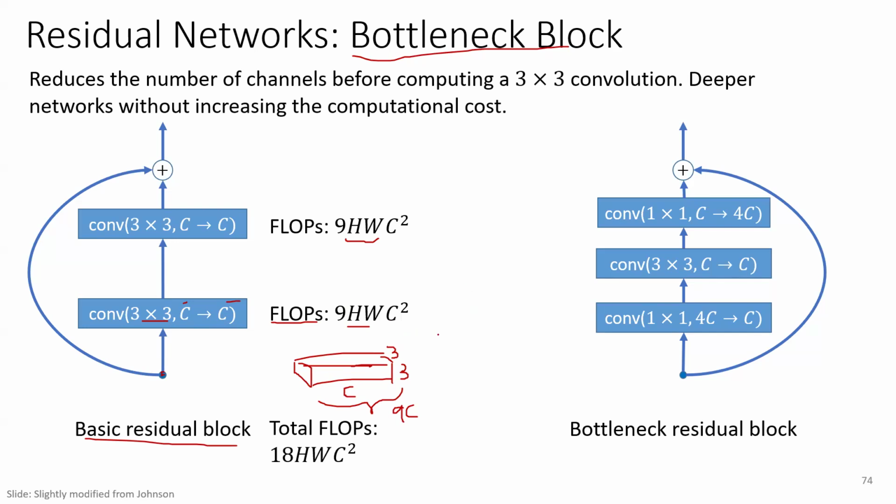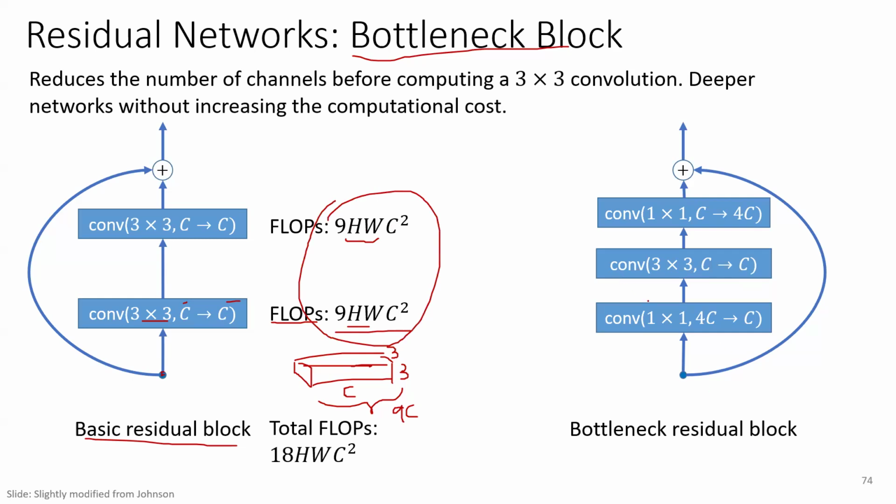The output tensor size is H W C, and for each of these cells you have to do that 9C computation. So you get 9 H W C squared computations. If you don't understand this, you have to go back to the slides and see how you compute the number of computations, floating point operations. So altogether, you can see 18 H W C squared floating point operations are there.